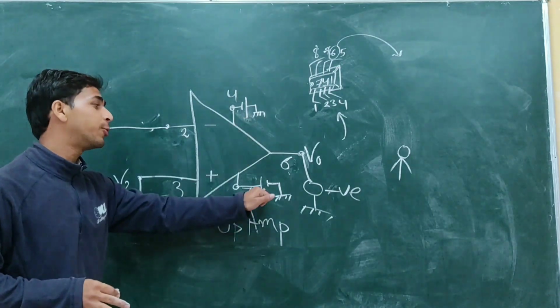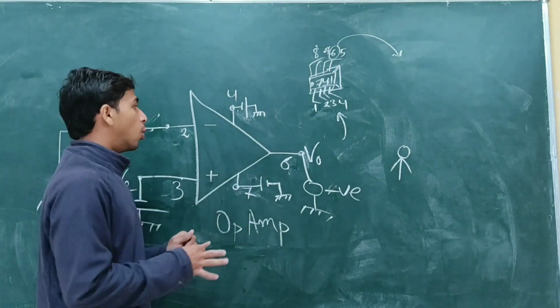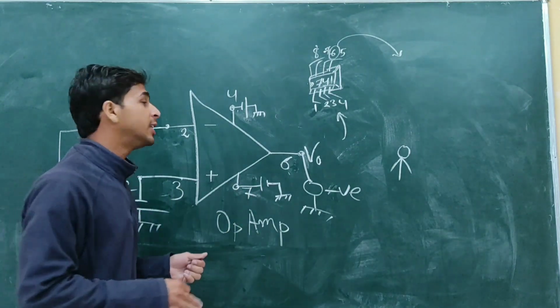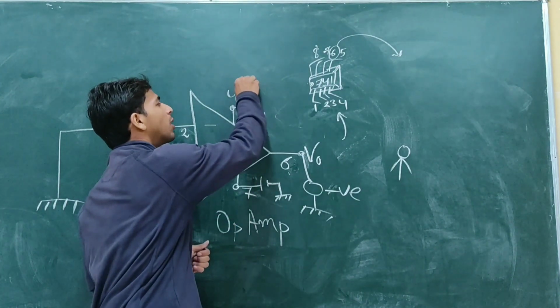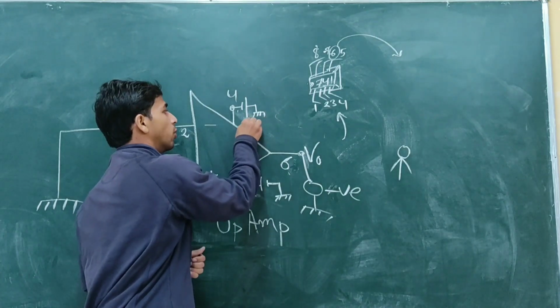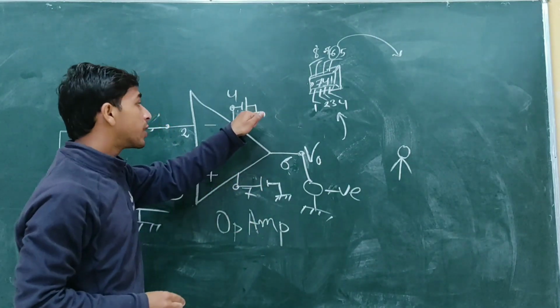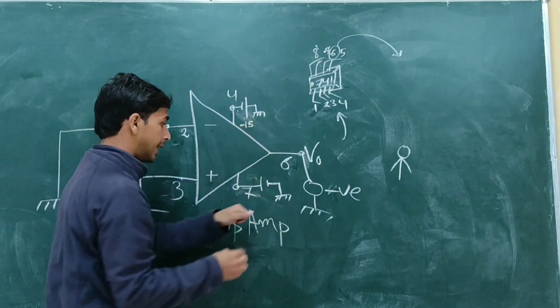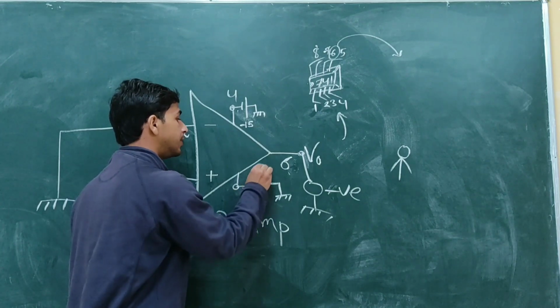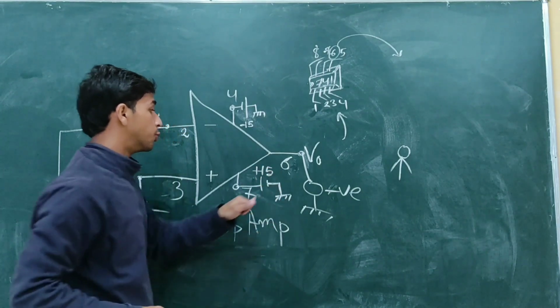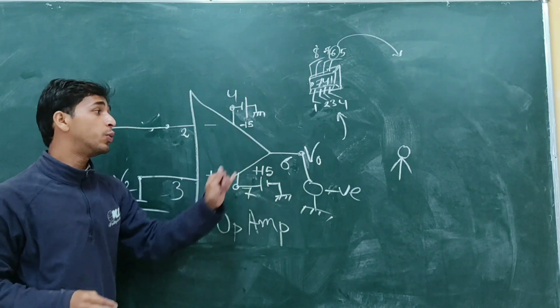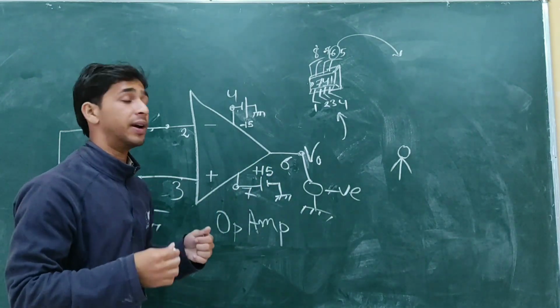These two inputs are doing that. That means when you are activating the IC using plus 15, I'm taking 15 volt, you are giving negative 15 volt here, and here you are giving positive 15 volt.